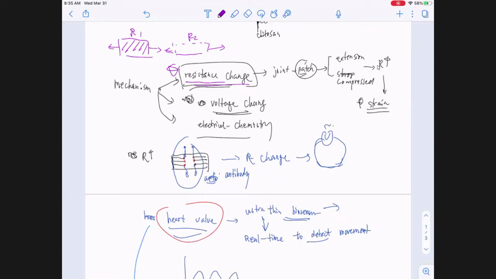So we know what's inside the body: changes in the mechanical state, for example deformation of the bone, the heart, muscle, skin. So we know resistance change and voltage change, electrochemistry, where finally it is the voltage change.